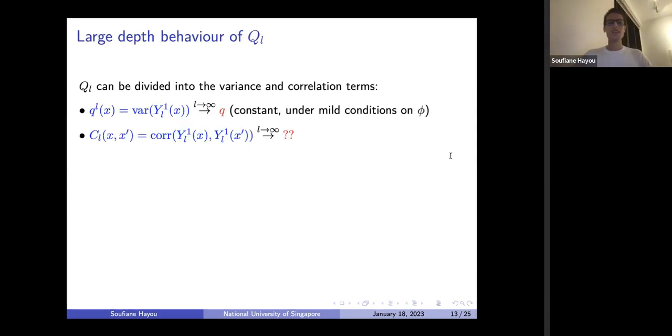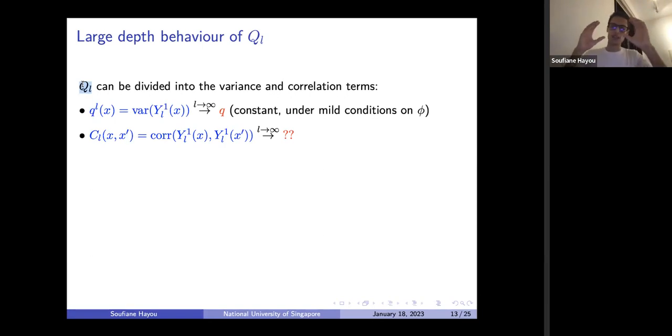Okay, so the kernel can typically be decomposed into two components. The first one is the variance component, small q^l, right? And the second one is the correlations. You can think of this as the covariance between two random variables.